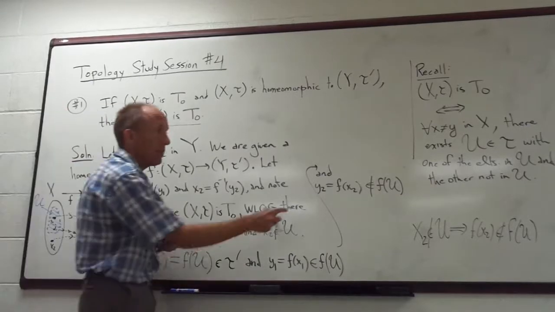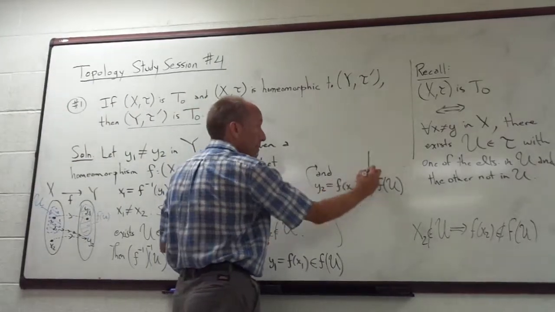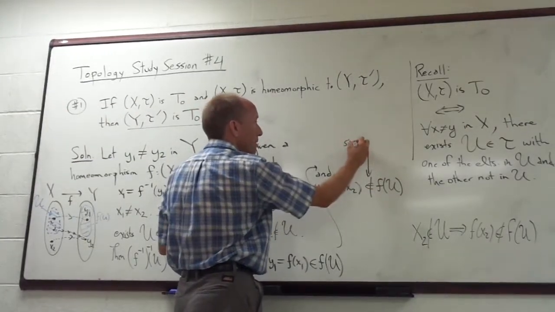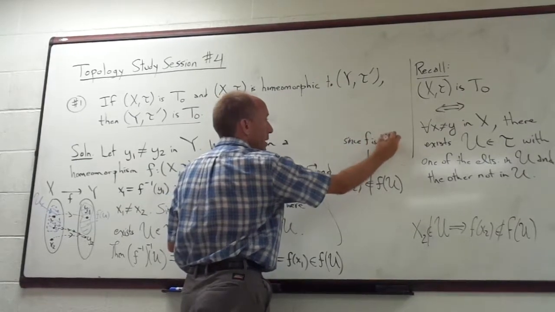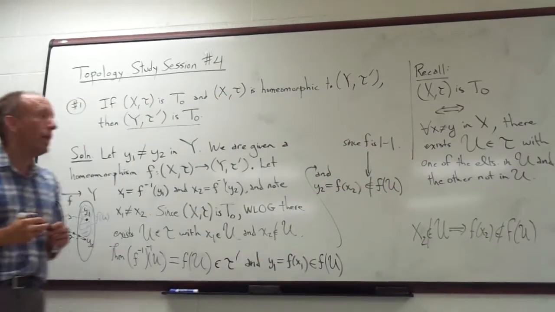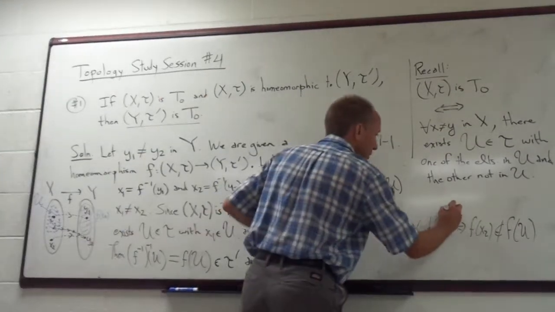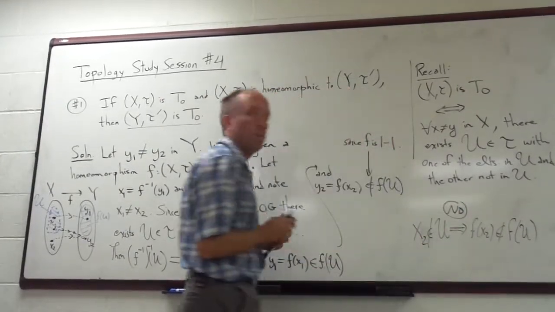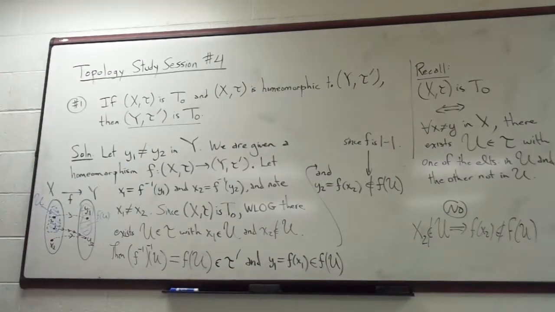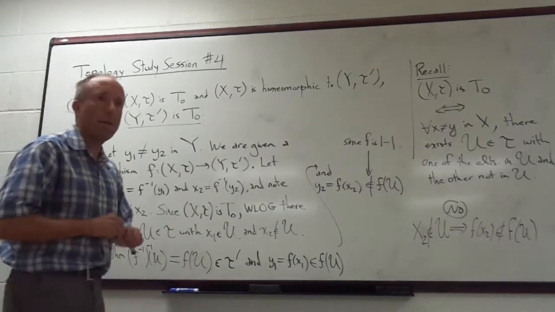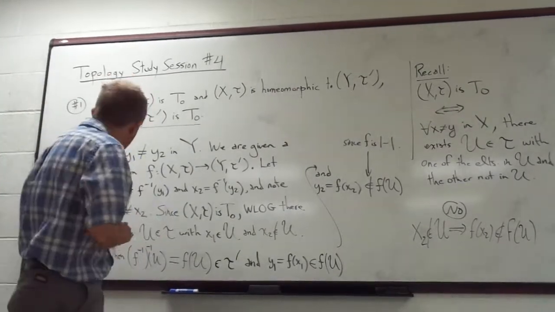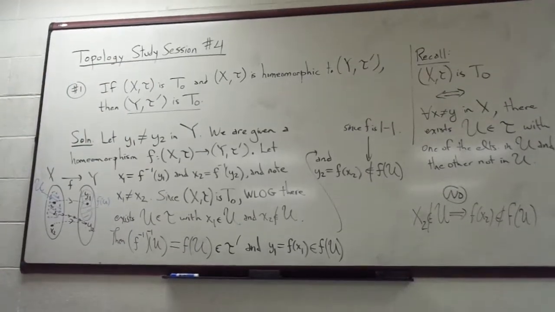So I just want to say this is not clear. This is since f is one-to-one. It's not always true that just because x2 is outside of u, f of x2 is outside of f of u. Does that make sense? The picture kind of helps you to see what's going on.